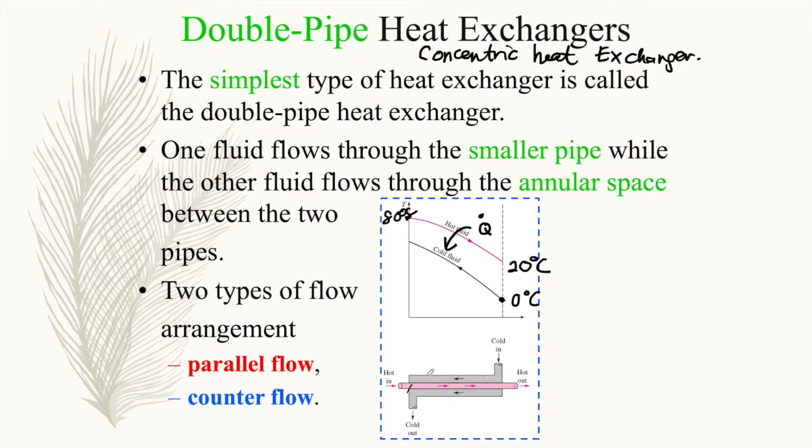As the fluid moves, it attaches to the tubes, and then the heat transfer begins. Either it is into the tubes or out from the tubes. In this case we have hot fluid, so the Q dot will be from inside the tubes to the shell side, the annular space here, so from the tubes to the outside.